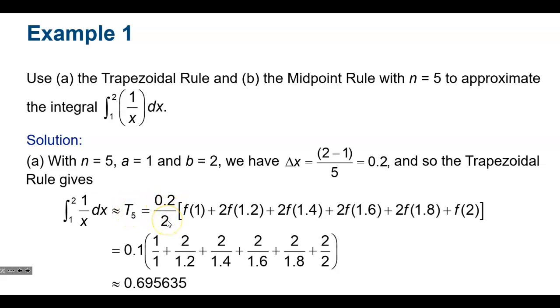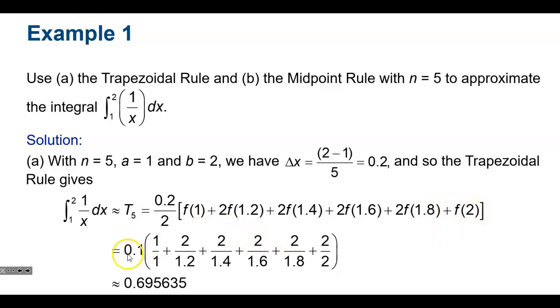0.2 over 2 times f of 1 plus 2 times f of 1.2 plus 2 times f of 1.4 plus 2 times f of 1.6 plus 2 times f of 1.8 plus f of 2.